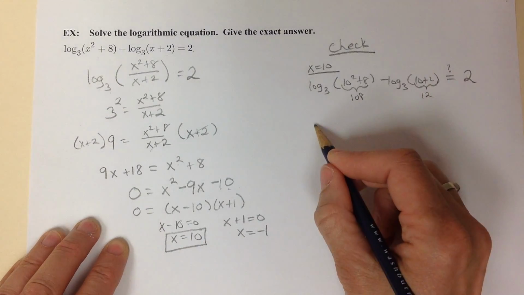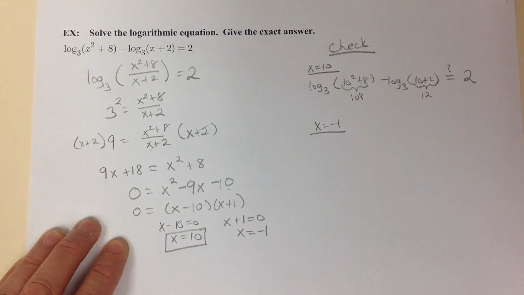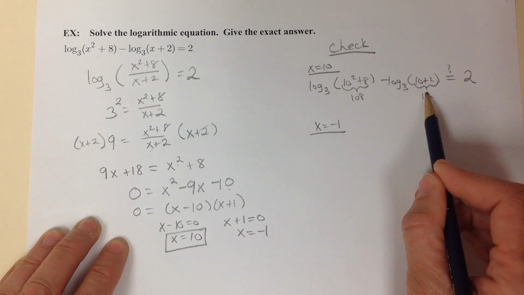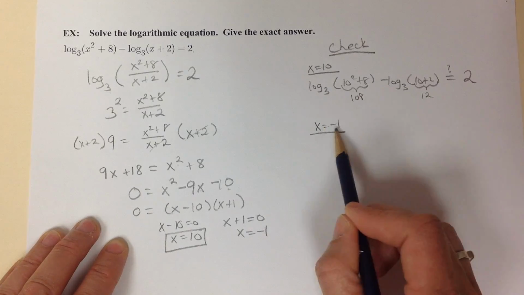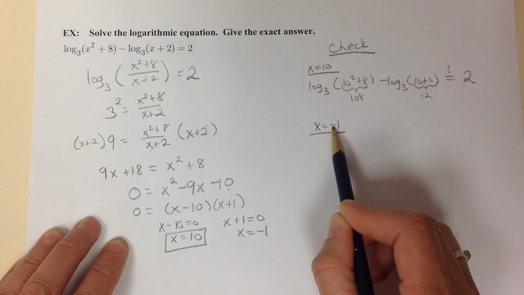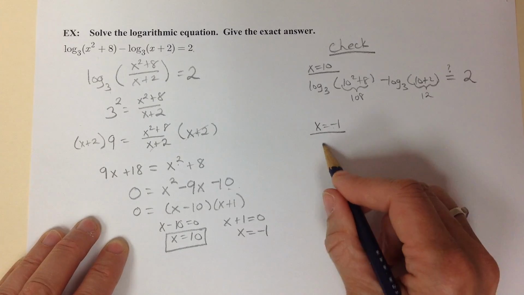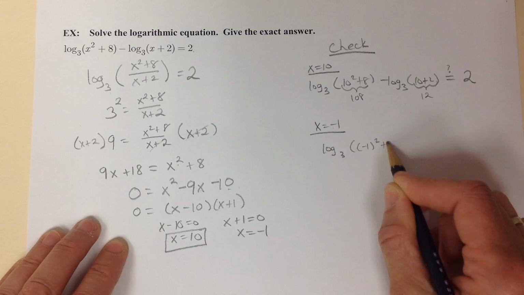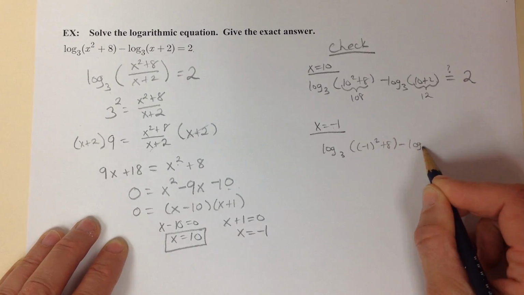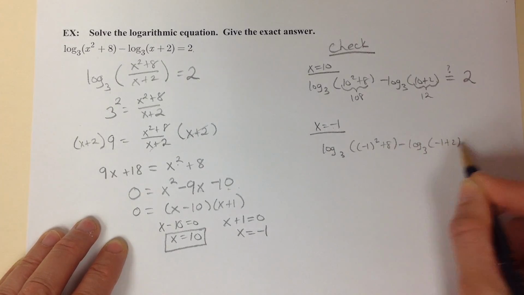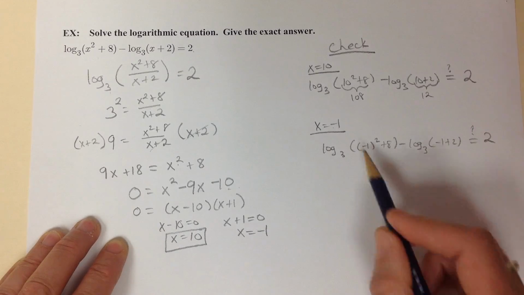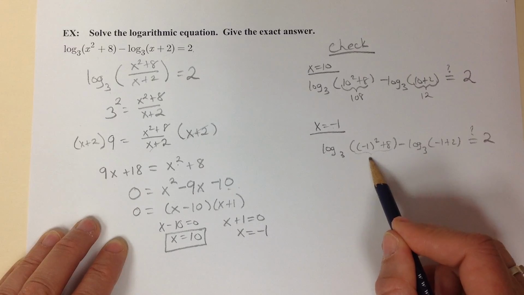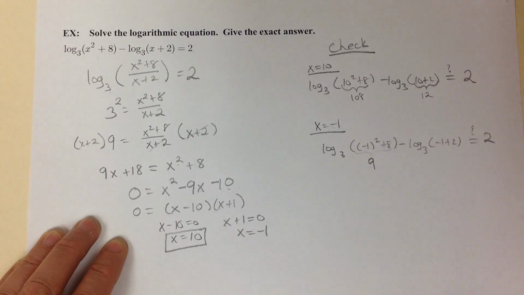Okay, now for x equaling negative 1. Remember, the key is you cannot have a 0 or negative inside your logarithm. So you might think, it's negative, I'm going to have to throw it out. But it's not that the number itself is negative, it's that what's inside the logarithm is negative. So if I plug this back into my original form of the equation, negative 1 all squared is positive 1, plus 8 gives me a positive 9.